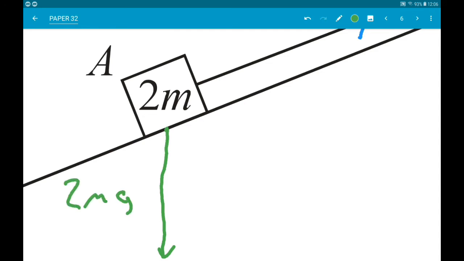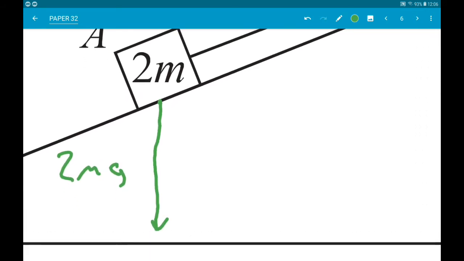Now, that weight has a component perpendicular to the slope like that, and also we have a component acting down the slope. Now, this angle at the top of the triangle is alpha.